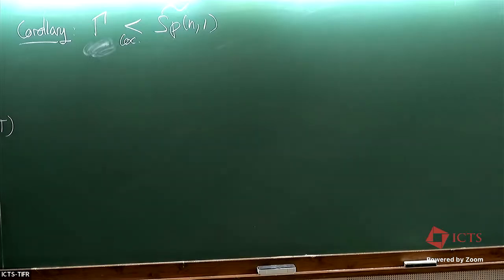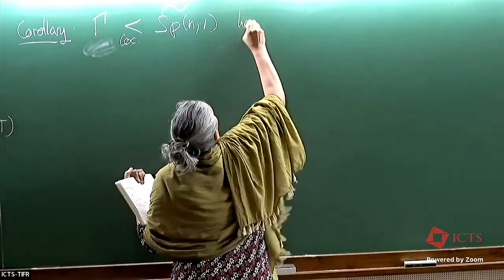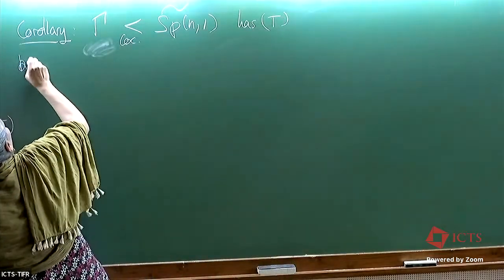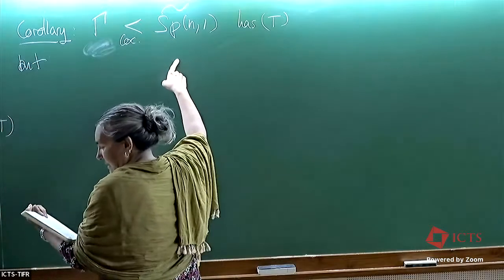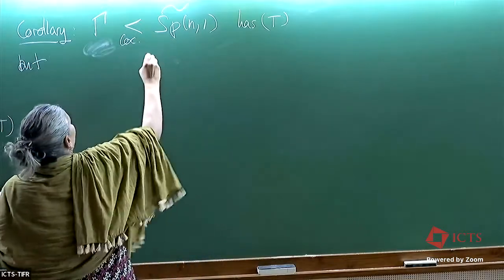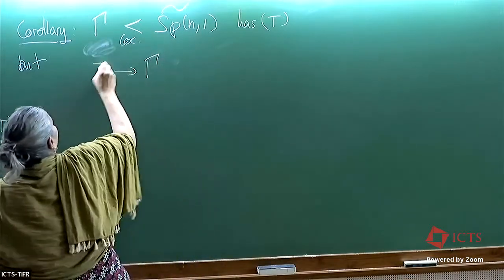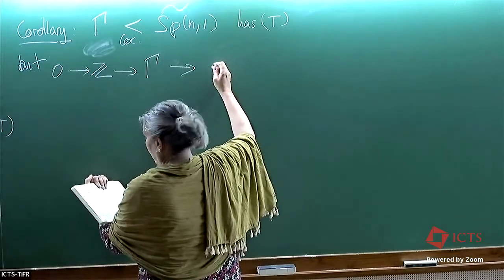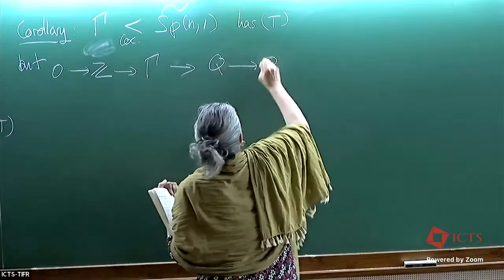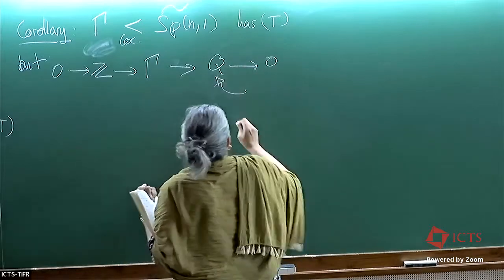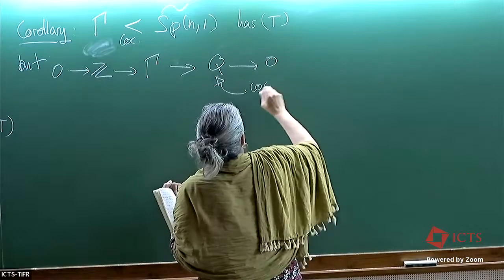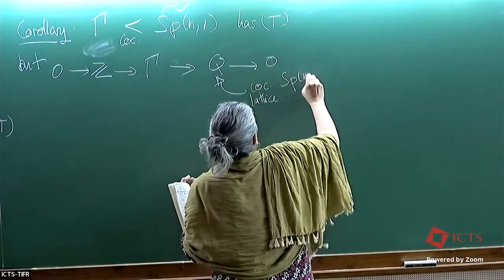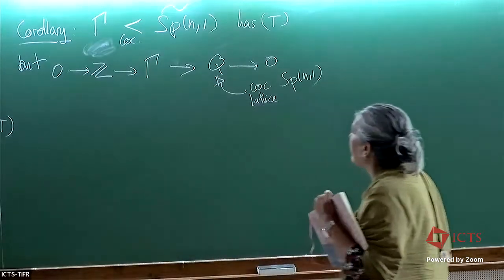This gamma has property T, but in fact, this gamma fits into a short exact sequence where this is Q, and this is a co-compact lattice in SP(N,1).